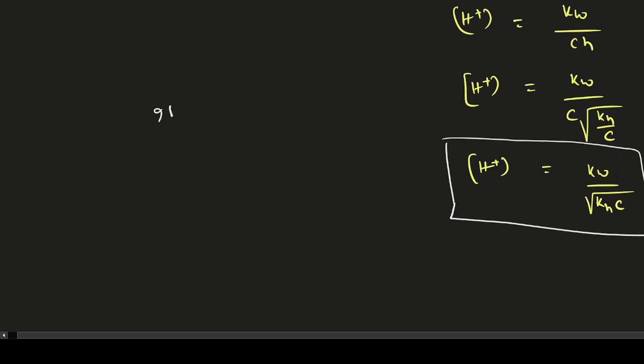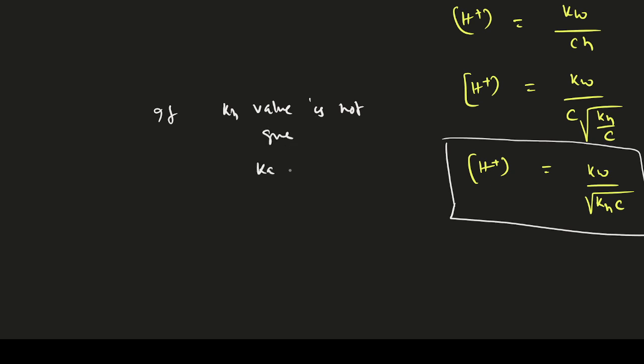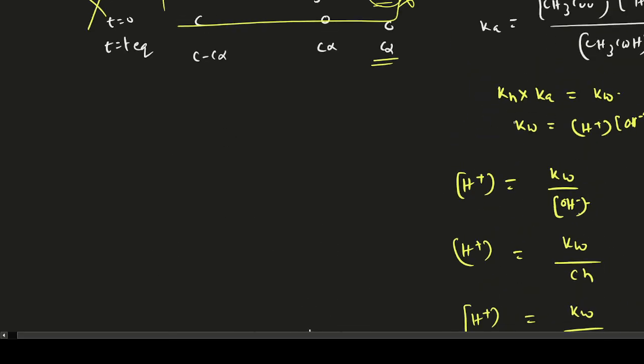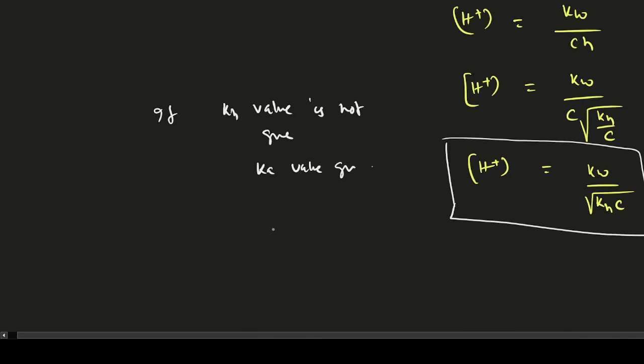If Kh value is not given and Ka value is given, then we can do that, because Kh into Ka equal to Kw. So I can put Kh equal to Kw by Ka.